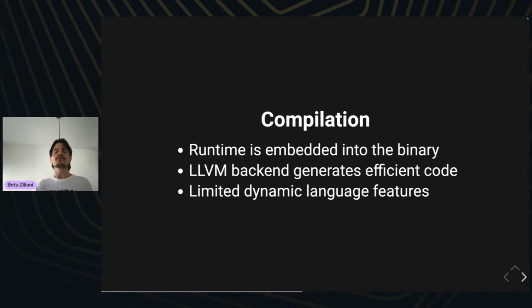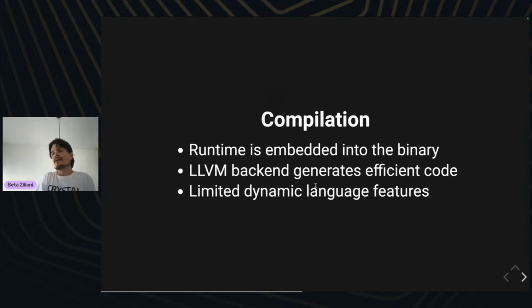But it's mostly because we are using the LLVM backend, which is a backend for compilers. Rust uses that, for instance, and Rust says, hey, LLVM, I want to write this program. Can you optimize it for me and generate the binary? And LLVM takes care of that. The same happens with Crystal. It's very powerful and it's very efficient in the code that it generates.